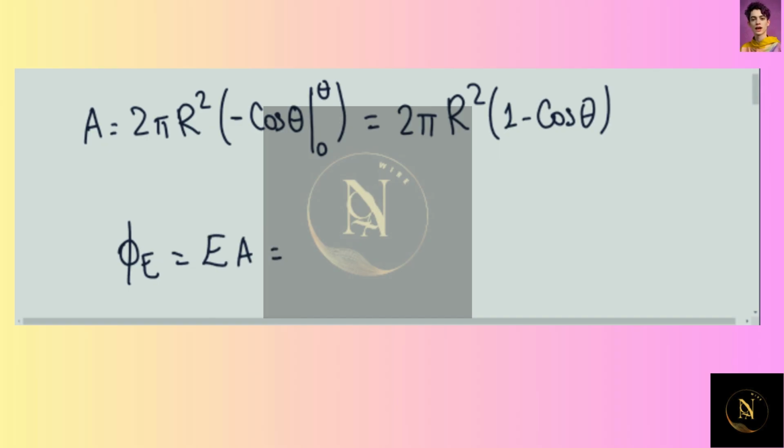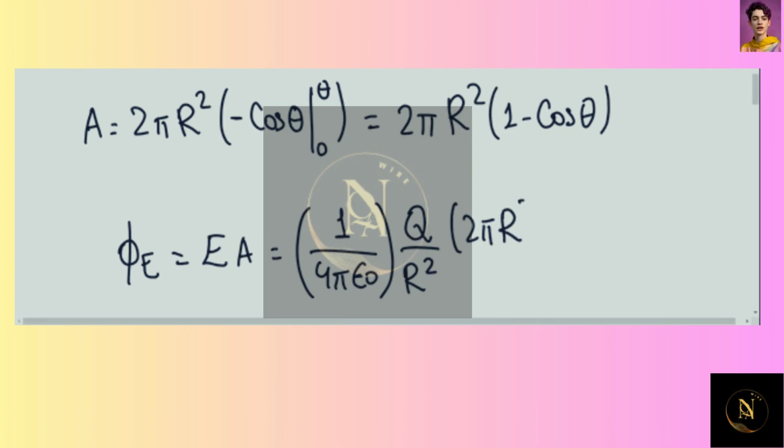So the electric field for this is 1 over 4 times pi times epsilon sub 0, and this times the charge divided by the separation distance squared, which in this case corresponds to the radius, capital R. So we multiply this by 2 times pi times the radius squared, and this times 1 minus the cosine of theta. In here we can simplify some things.